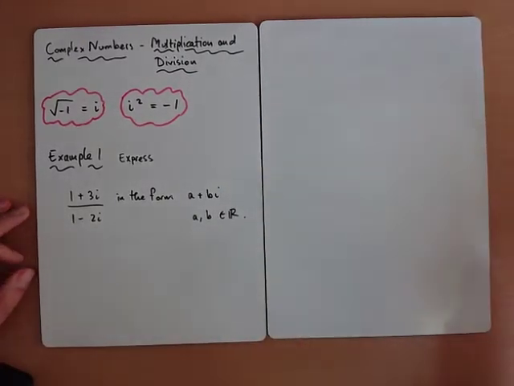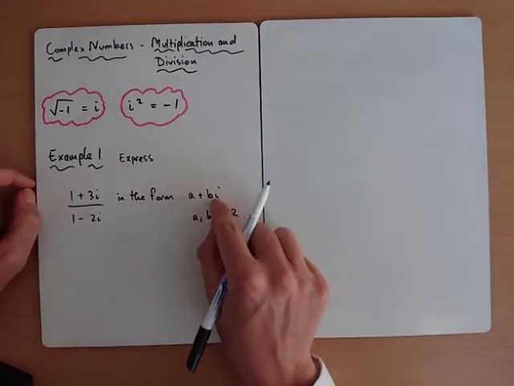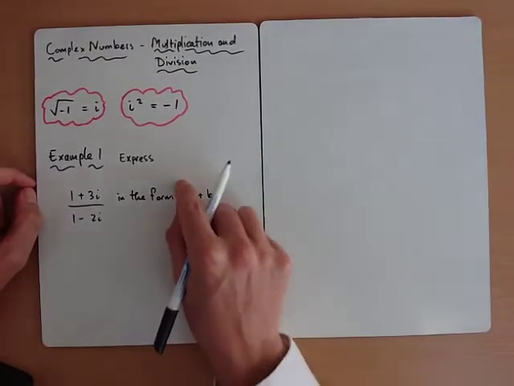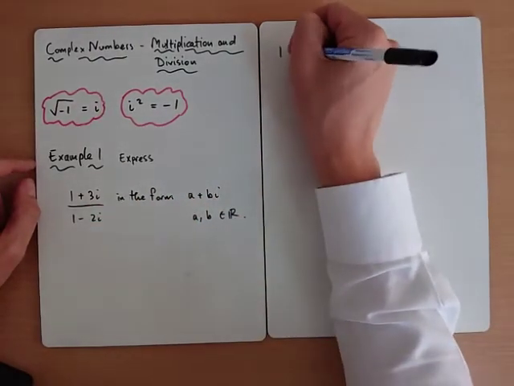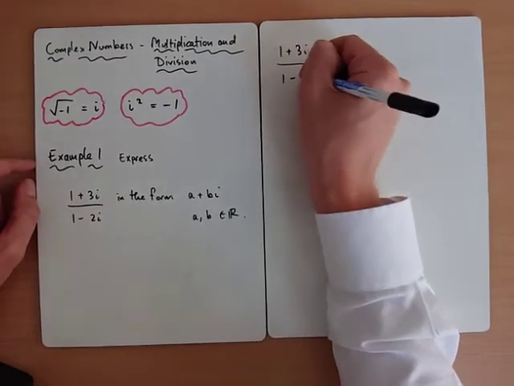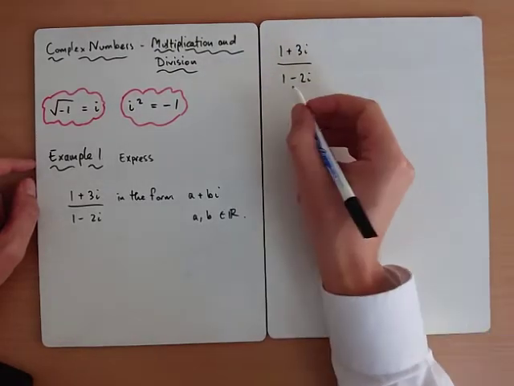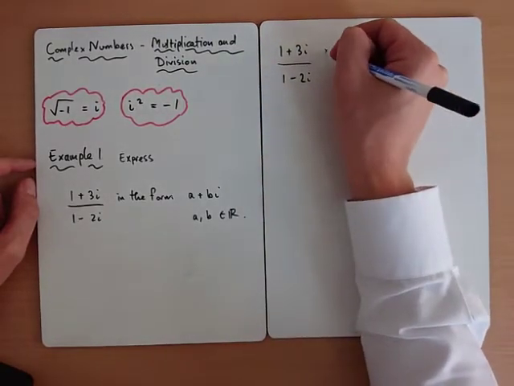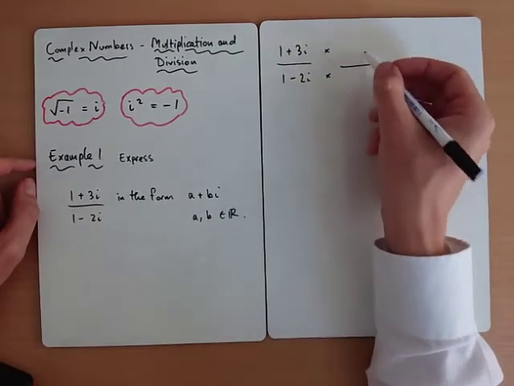If you want to divide one complex number by another and end up with just a single complex number instead of two being divided, the way that we need to do this is we look at the denominator, and if it's 1 minus 2i, we multiply the top and the bottom.